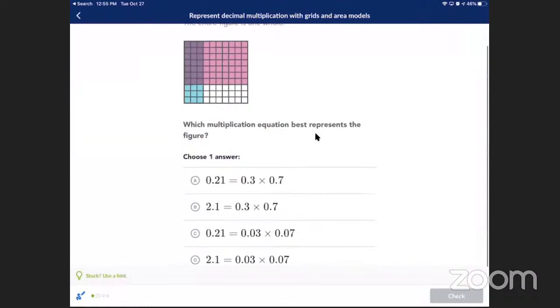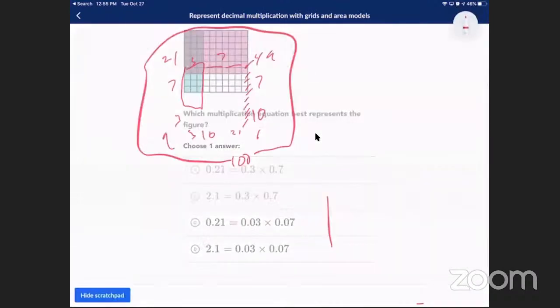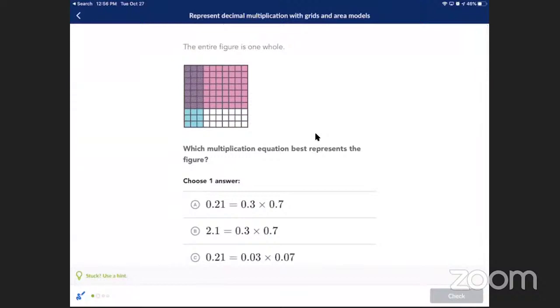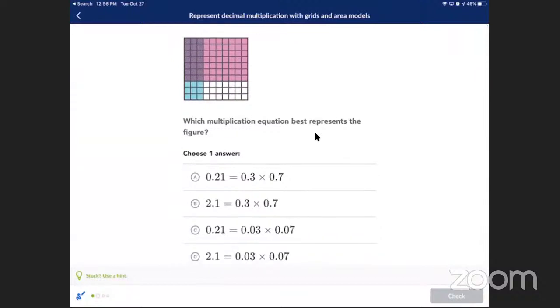Let me bring this up here. And it says here 2.1 equals 0.3 times 0.7. So we're looking at 7/10, and we're looking at 3/10, and this is 2.1 tenths. So going back, which one of these basically accounts for the whole?